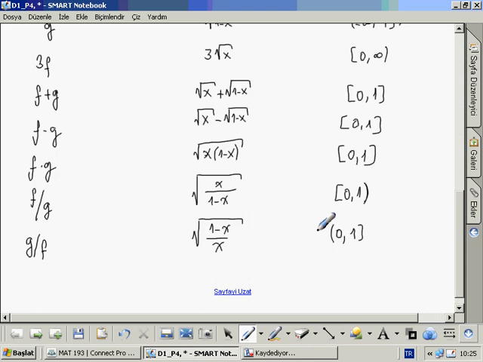And let's talk about some composite functions.